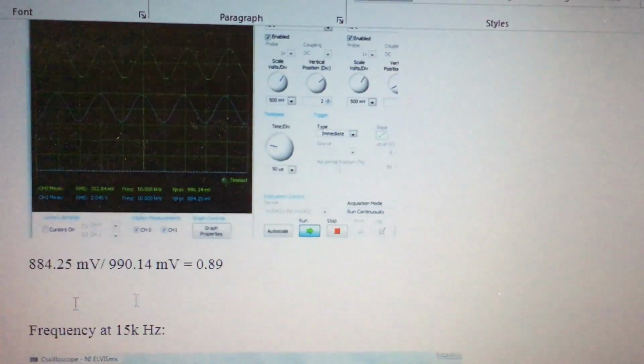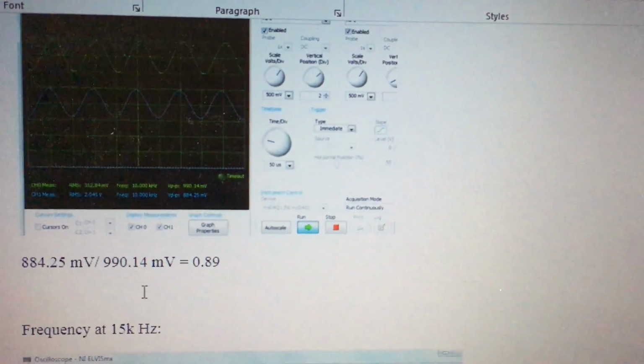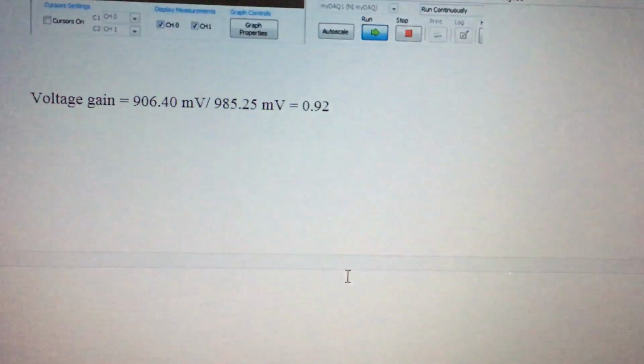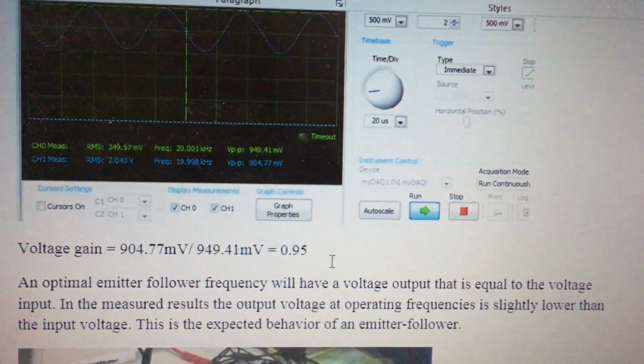Then 10 kilohertz is very close to 0.89, so the input and output are much closer in value now. At 15 kilohertz, 0.92, it's increasing. And finally at 20 kilohertz, the voltage gain is 0.95.